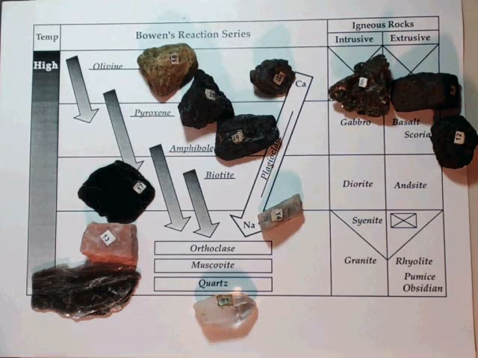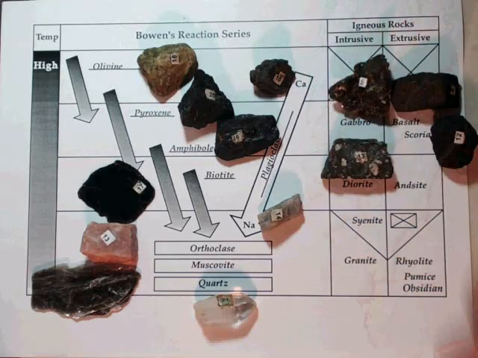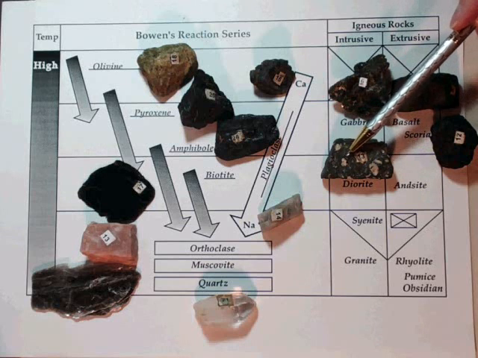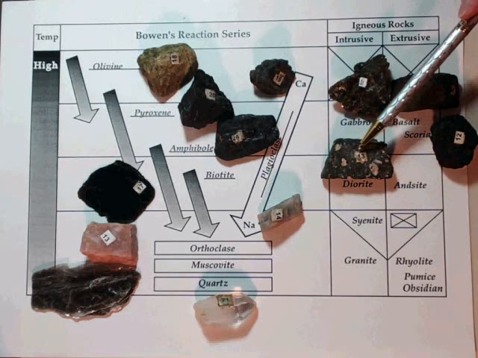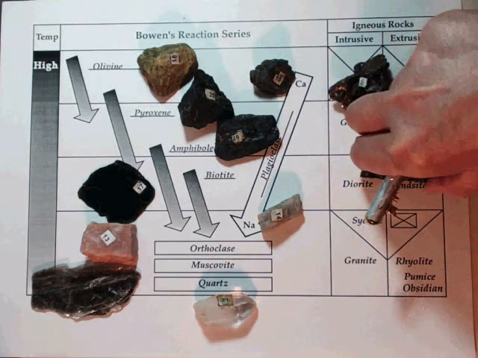But again, because of our textures, if it's intrusive, it cooled at a slower rate. This actually is exhibiting two different cooling rates. We've got larger crystals and smaller crystals. We'll talk about specifically what that texture is in a minute. But the other one then would be, I'm sorry, this is the andesite.